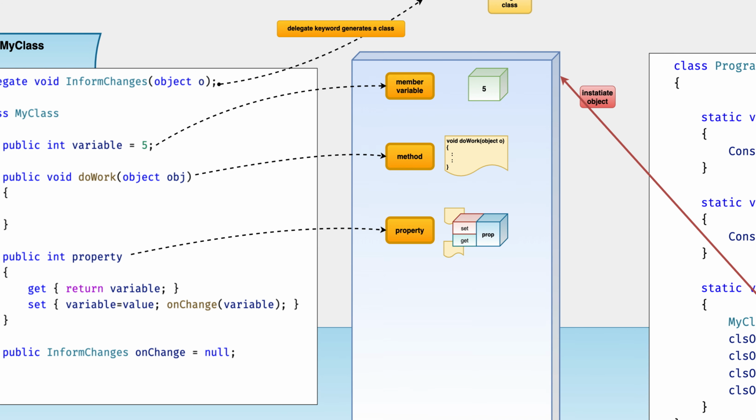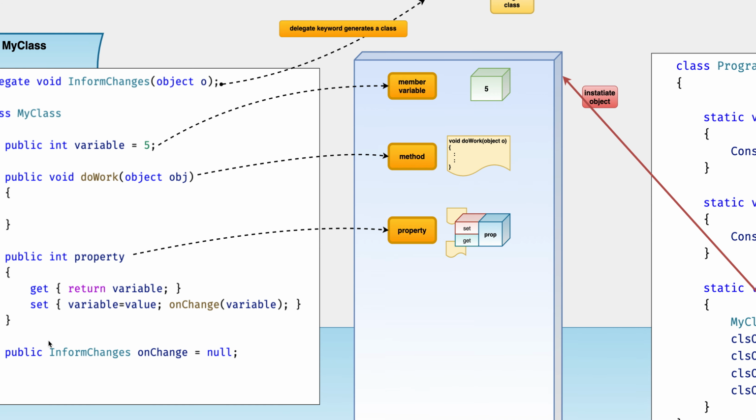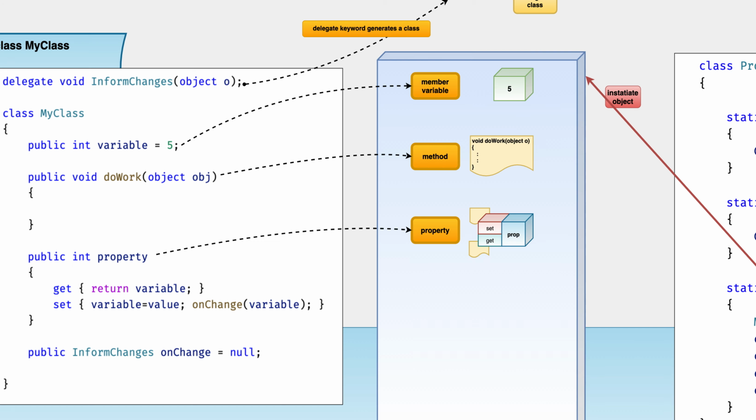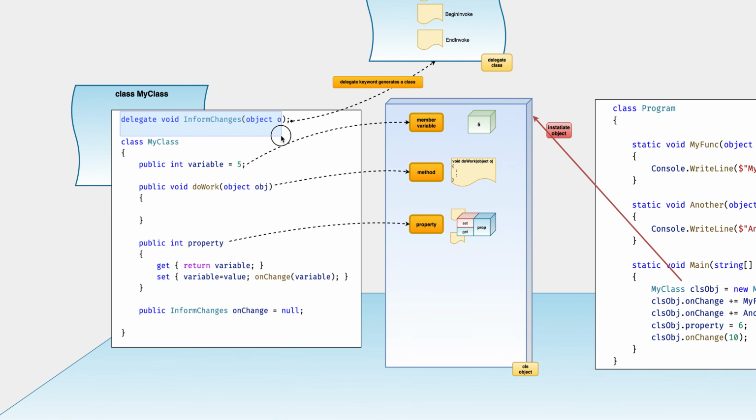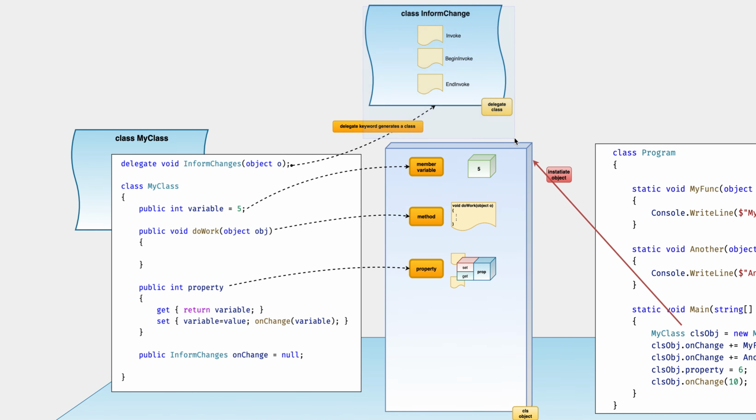And finally, we have an object of type delegate. The delegate here is a class, and when we create an object of type InformChanges, we are actually creating an object from this class. So we have this delegate object here.